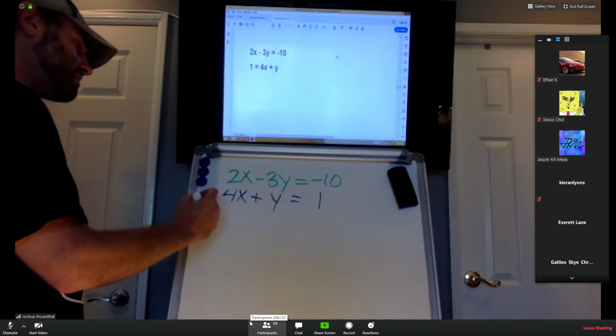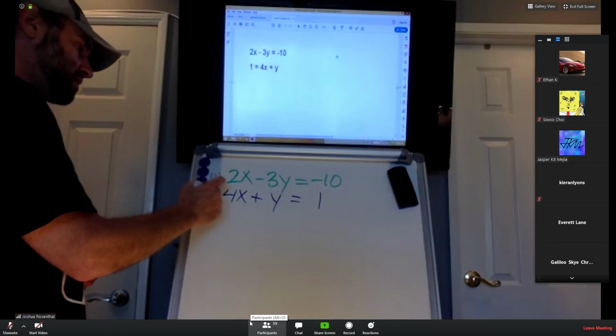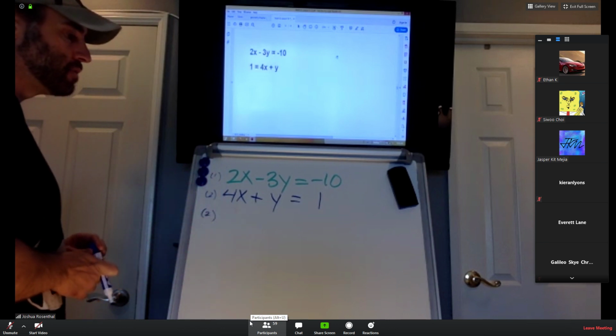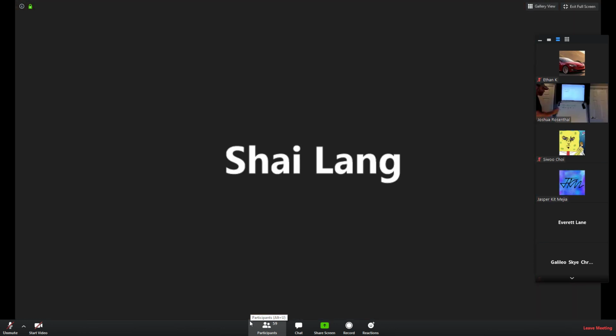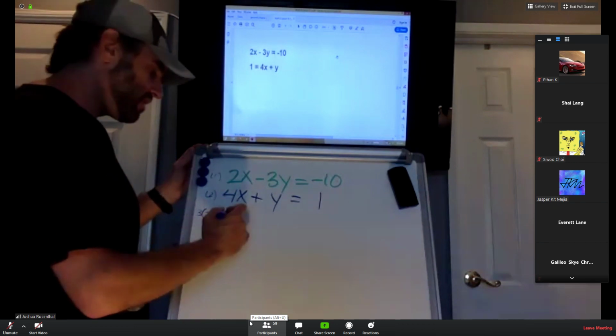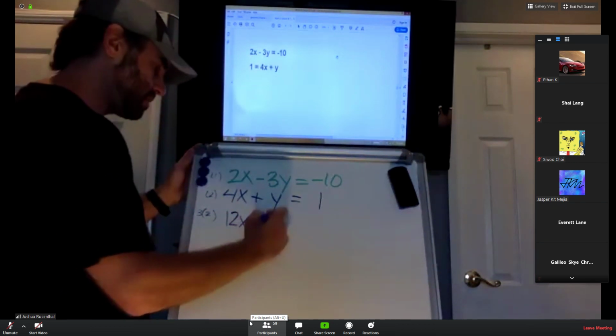So I'm going to take line 2. Here's line 1. Here's line 2. What would I multiply it by on both sides? +3. Yeah, +3. 3 times line 2. That will give me 12x plus 3y.